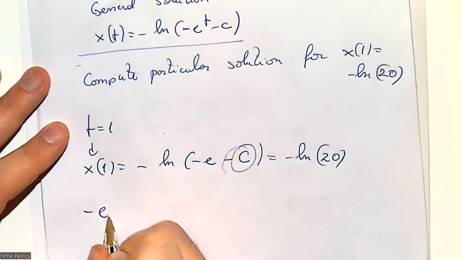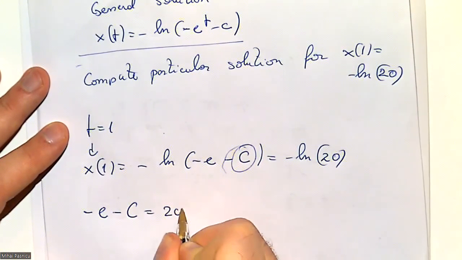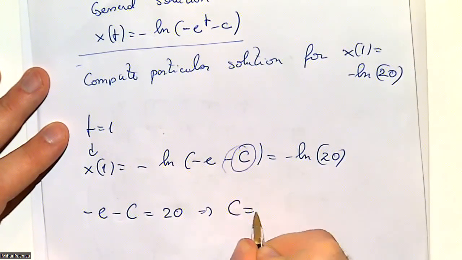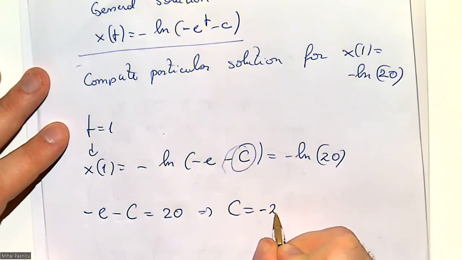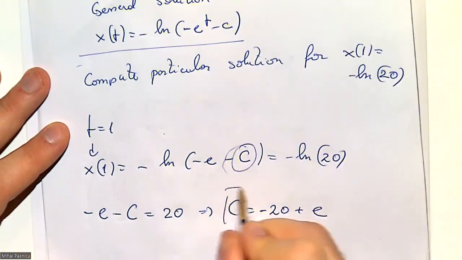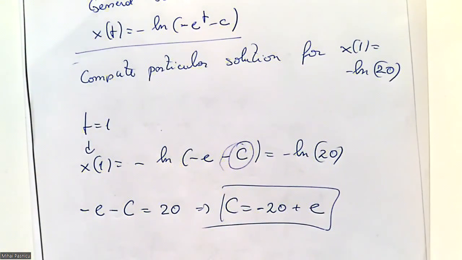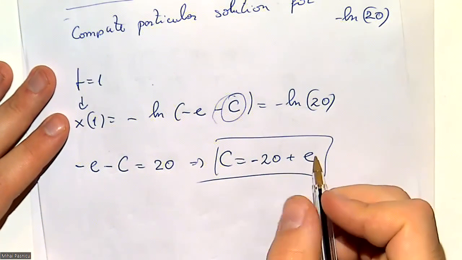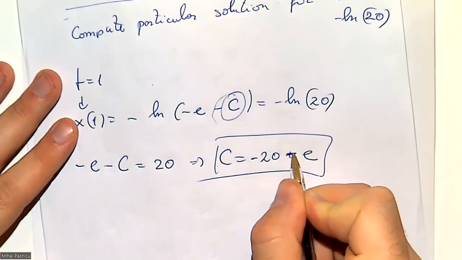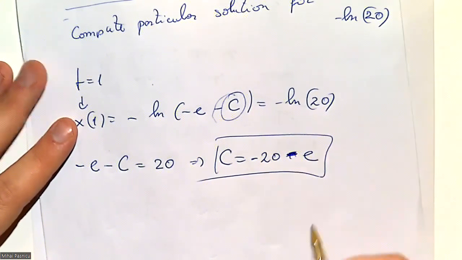At this point, minus e minus the constant has to be 20. So the constant is just minus 20 plus e. Okay. Hopefully it's correct. Oh. Minus e, okay. Math is hard.